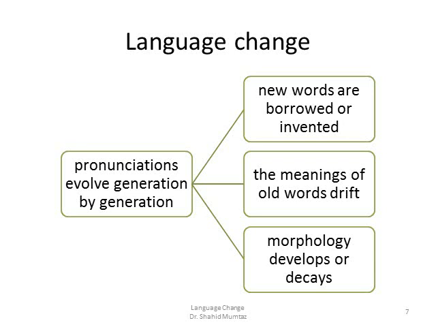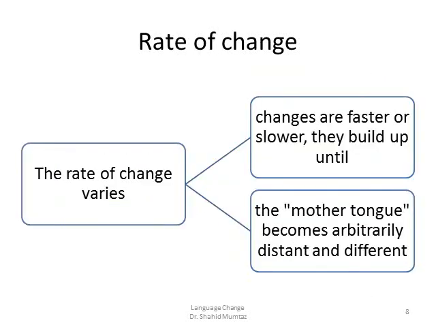New words are borrowed or invented, the meanings of old words drift, and morphology develops or decays. The rate of change varies, but whether the changes are faster or slower, they build up until the mother tongue becomes arbitrarily distant and different.